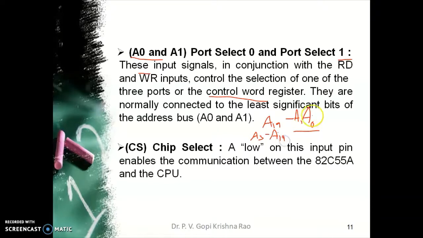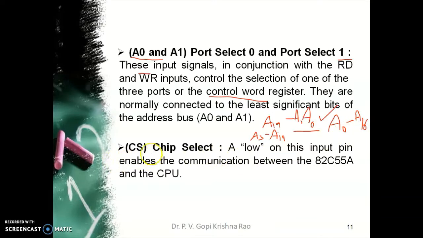There are 2 ways in which your 8255 can be accessed, either as IO mapped IO or memory mapped IO. When it is used as memory mapped IO, your addresses will be from A0 to A19. When it is used as IO mapped IO, your addresses will be from A0 to A16. In this case, we will talk about using it as an IO mapped IO.